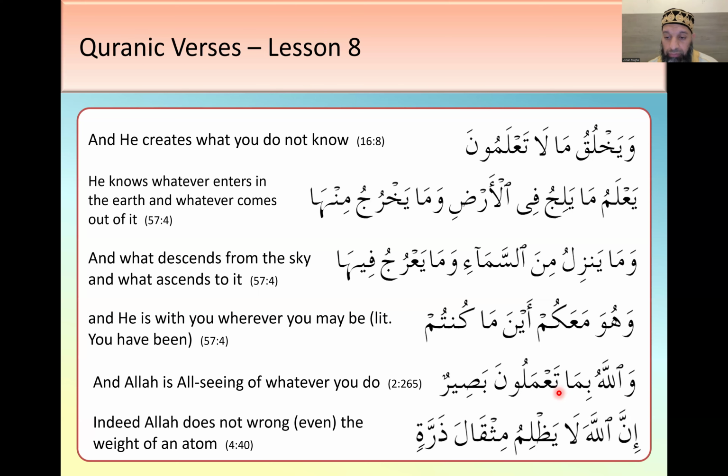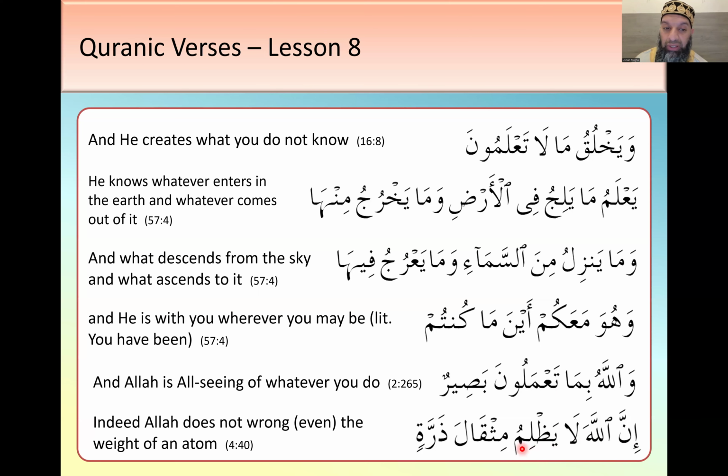He sees. Inna Allaha. Inna means verily or indeed. Some translations may have surely, but you get the meaning. So, Inna Allaha, indeed Allah. La, not. Yazlimu.